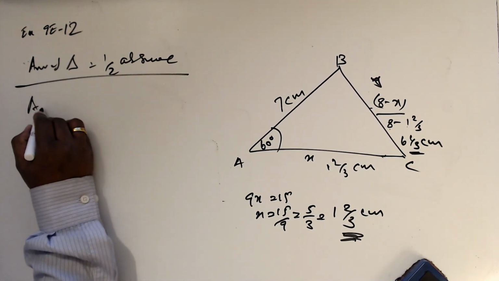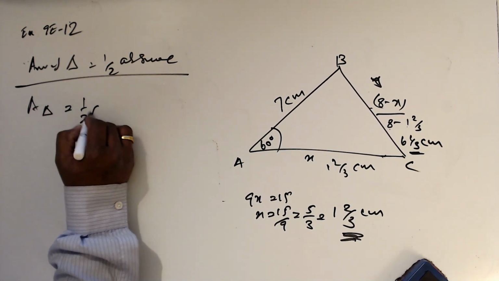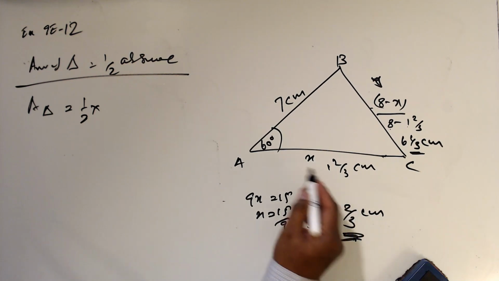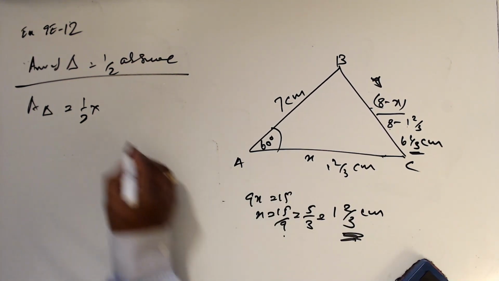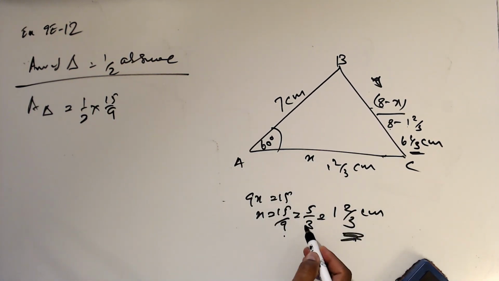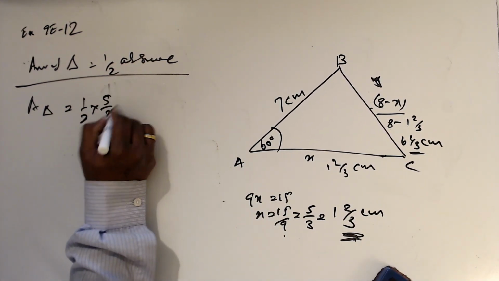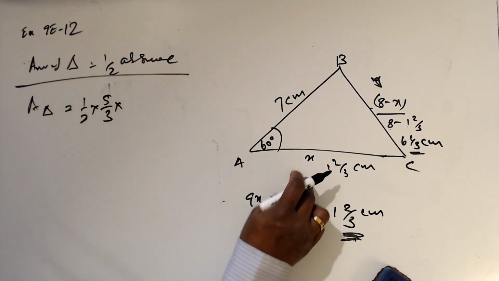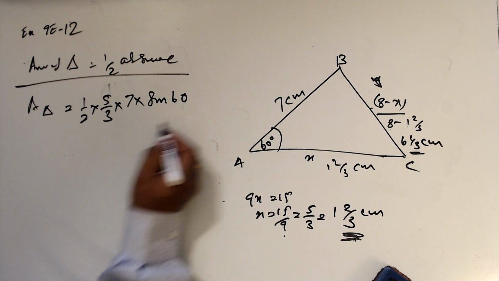So area of triangle is half times x, which is 15 over 9, actually 5 over 3, I can write 5 over 3, and half this one times this, then sine 60.